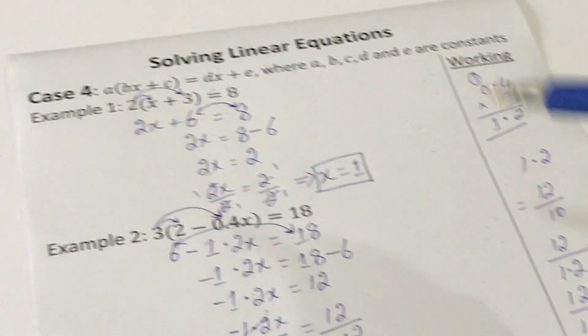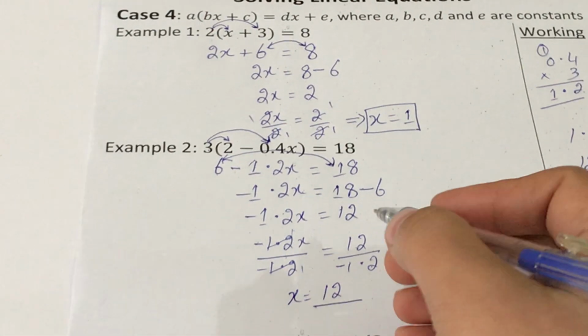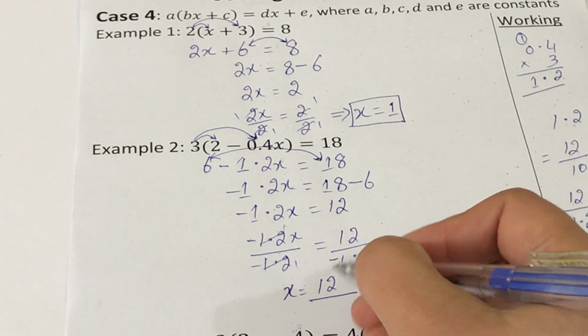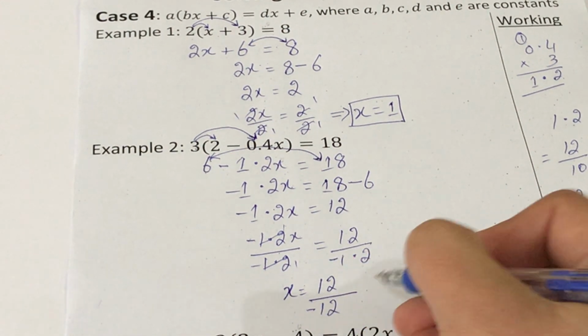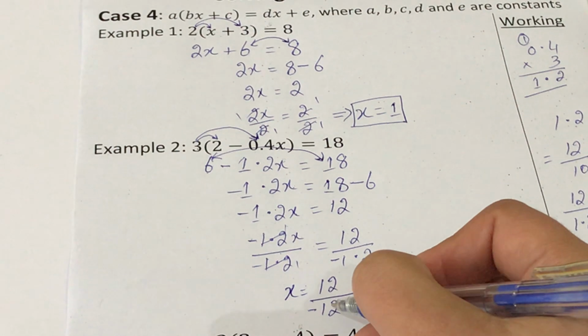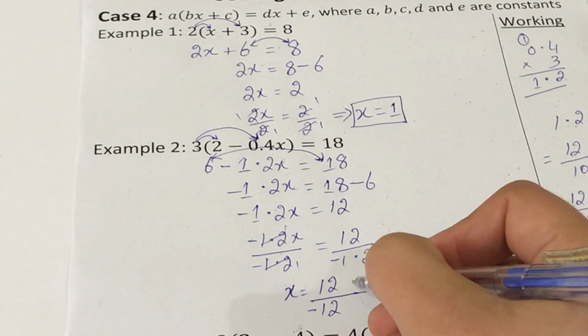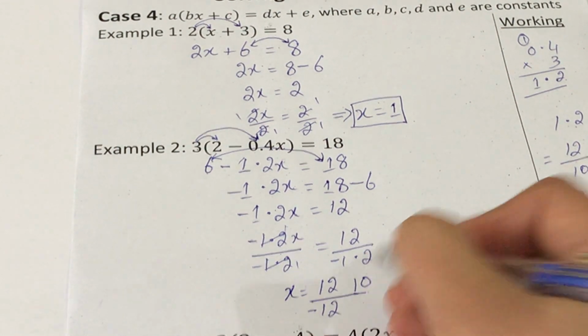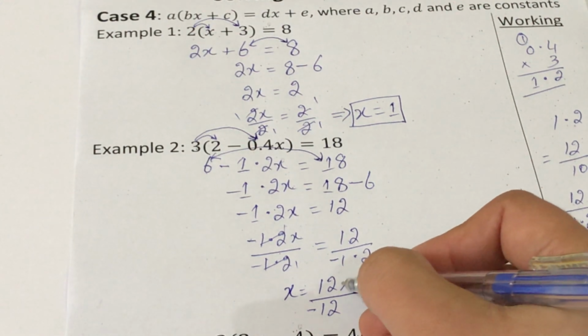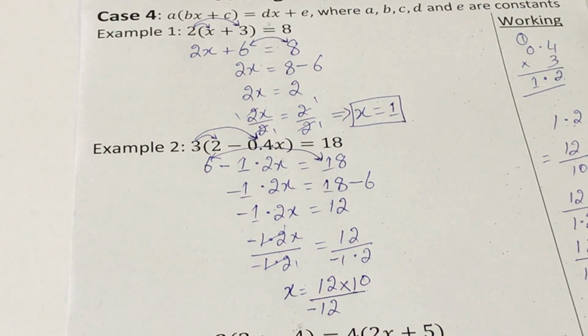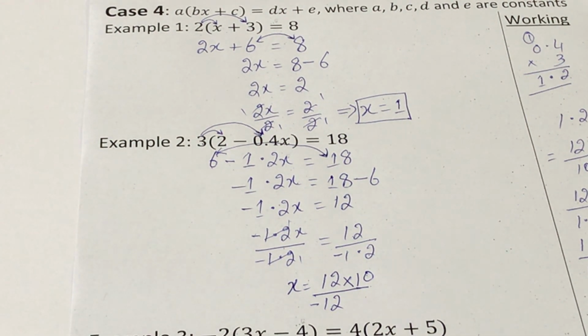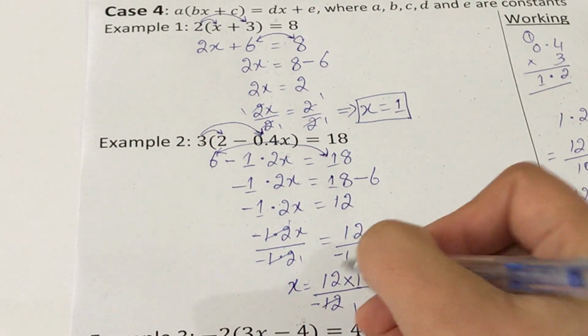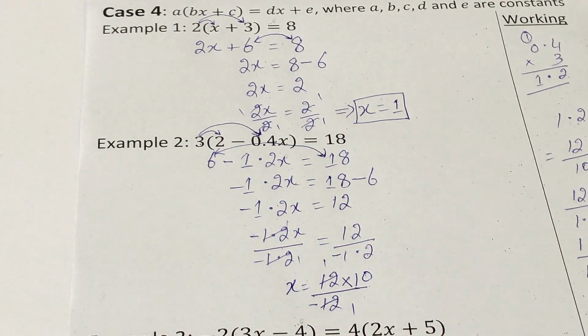Clear? So you will write it like this: negative 12, and because of this decimal number, you will write 10 in the numerator, and as you have two numerators, you will multiply those numerators. Now 12 ones are 12 and 12 ones are 12.